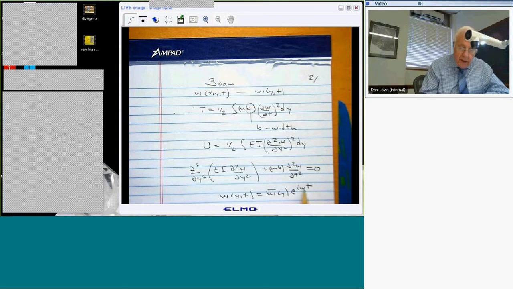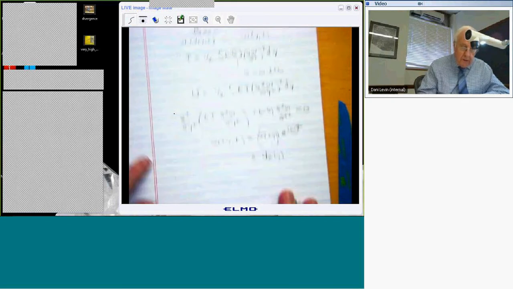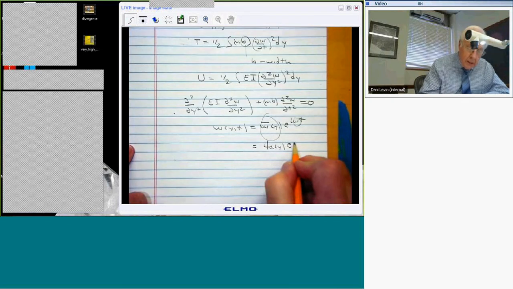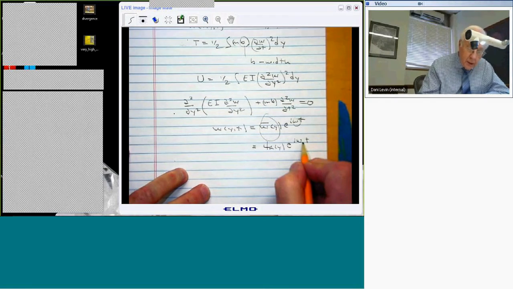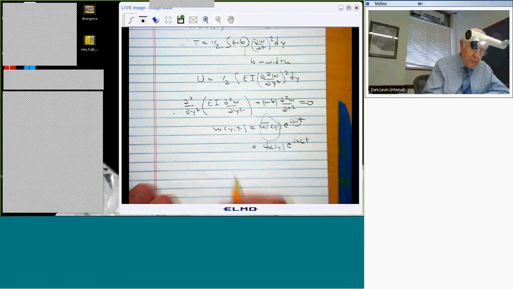When I find the magic values of omega, those are the resonant frequencies of this beam, and the corresponding functions of y are the Eigen modes. So I can also write this as psi_m of y, e to the i omega_m t, where m is any integer corresponding to any mode of interest.